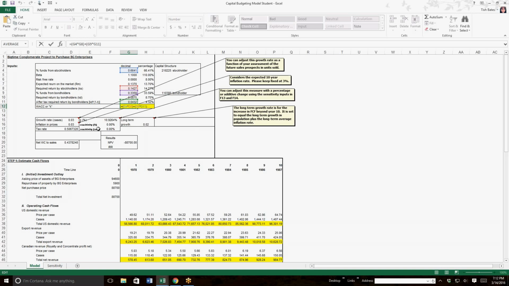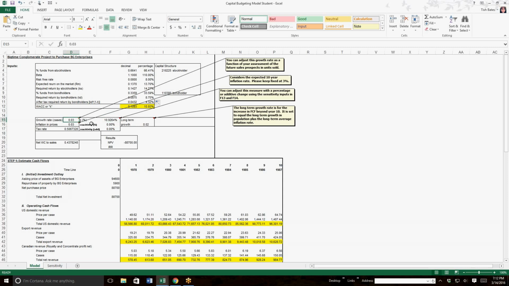Now, in looking at this, once that's calculated, this comes into play. It actually takes this and just puts it further out into a decimal, right? So this is literally the same number. The growth rate can be adjusted.